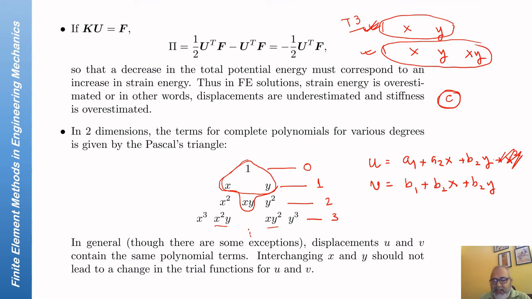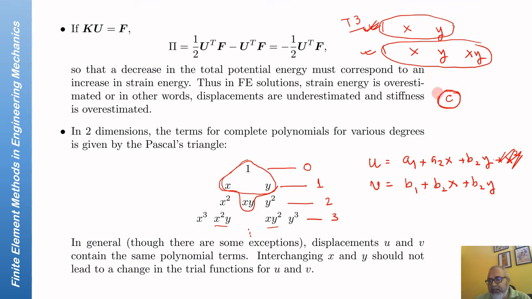If you have x, y, and z, if you have a 3D problem, you have a Pascal's tetrahedron which adds a z, which is just not possible to draw on the screen, but the principle is always the same. So you try to balance the terms so that interchanging x, y, and z do not make a difference to the meaning of the trial functions that you have taken.